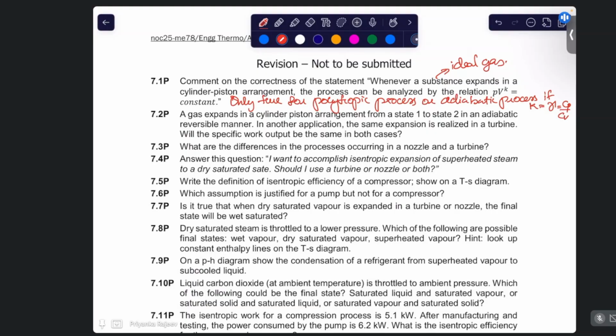So it is not generally the same, and in a real turbine there are additional aspects like flow geometry or possible irreversibility. So we do not expect them to match the cylinder piston expansion work. Okay, so the specific work output won't be the same.